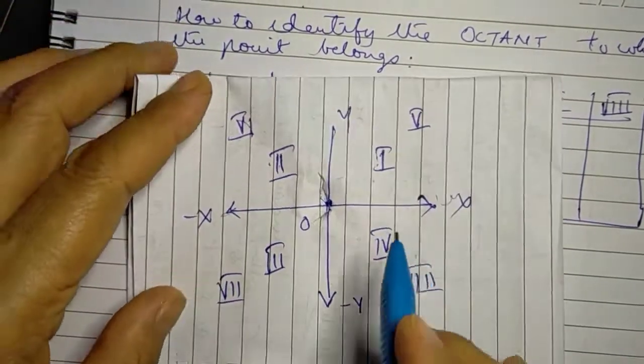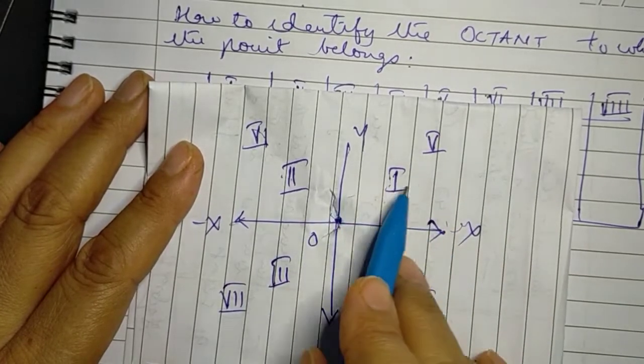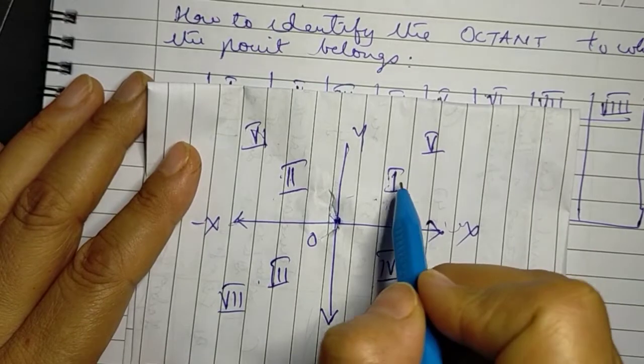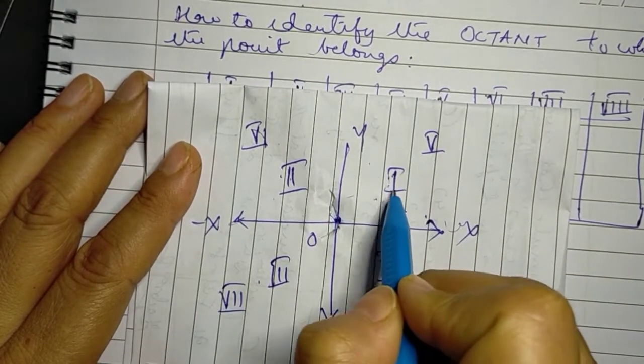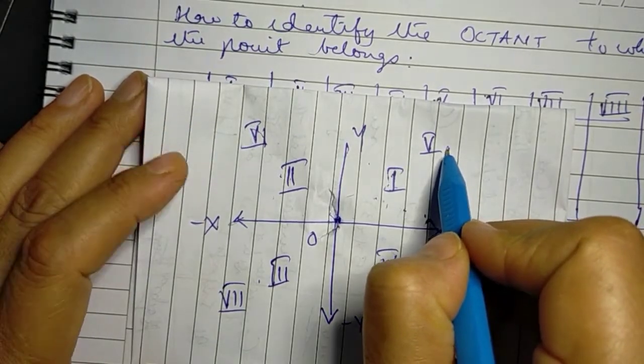The x and y coordinates for each of these would be the same as the first, second, third and fourth. Whatever we have for the first quadrant, the same is shared with the fifth quadrant.